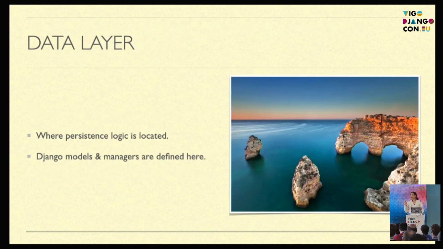Let's look at the layers in a bit more detail here. The data layer, we said, is where we locate persistent logic. This is a very Django-heavy layer. We have Django models, managers, and migration files defined here. One principle we are trying to follow here, which I think we are really good at, is that models should be kept thin.